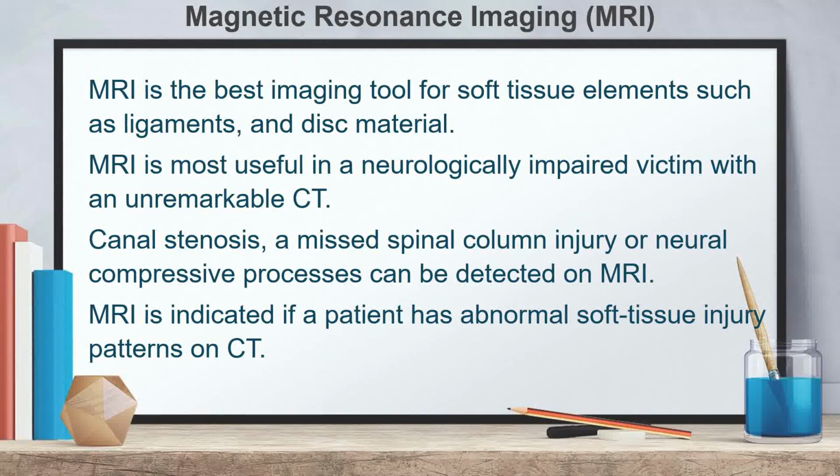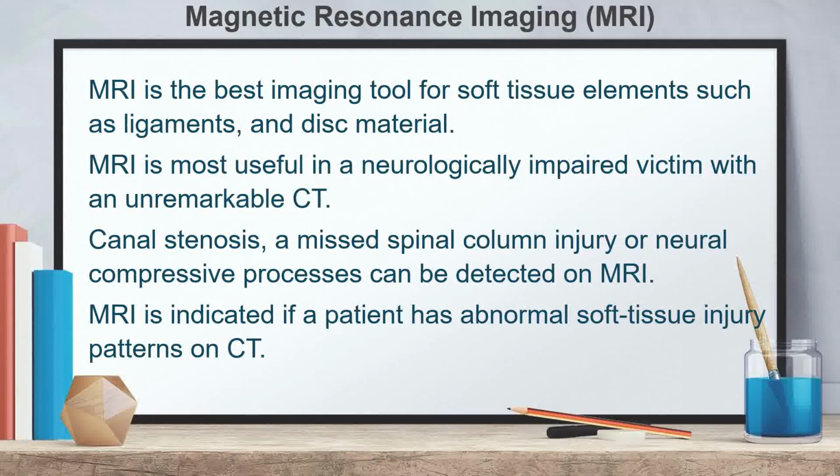Canal compromise from subluxation, acute disc herniations, ligamentous disruption, cord contusions, or areas of ischemia can be detected on MRI. MRI can detect a missed spinal column injury or neural compressive pathological processes such as disc fragments, epidural hematoma, or the presence of significant canal stenosis from other causes.